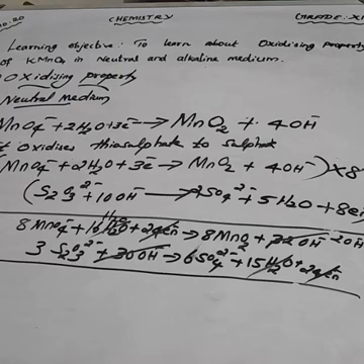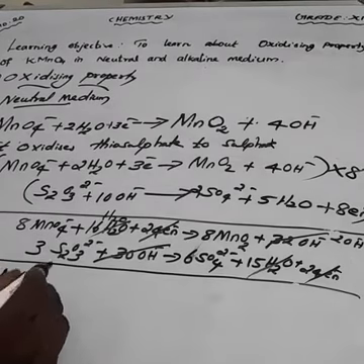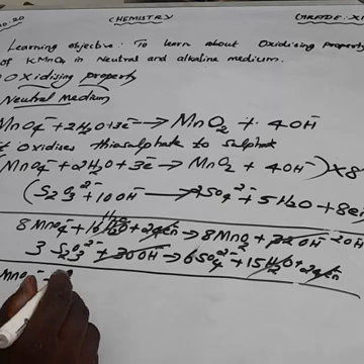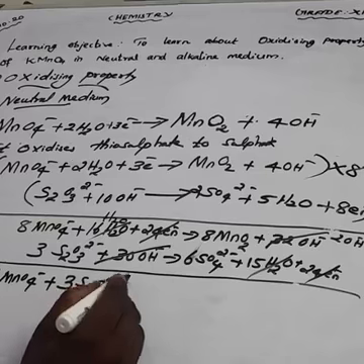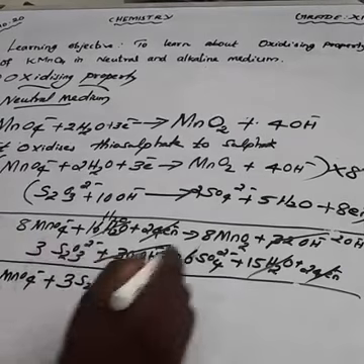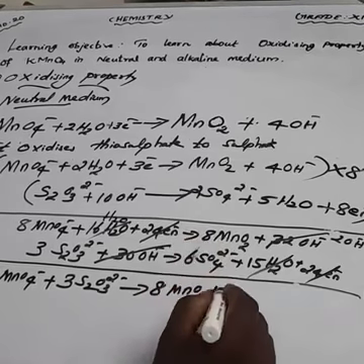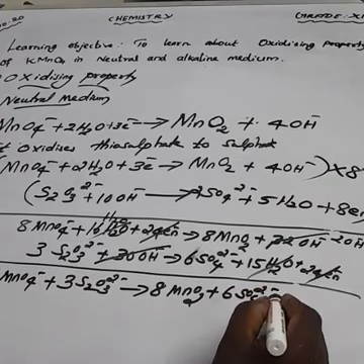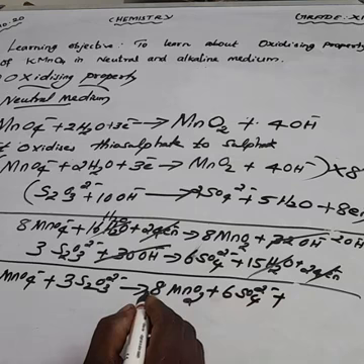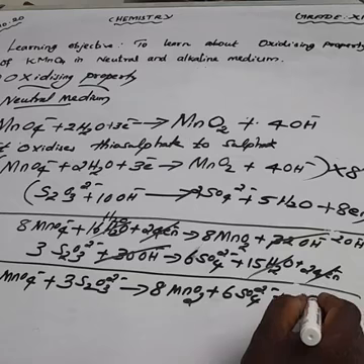Then we can write the overall reaction. What is the total overall reaction? 8 MnO4 minus plus 3 S2O3 2 minus gives 8 MnO2 plus 6 SO4 2 minus plus 2 OH minus.